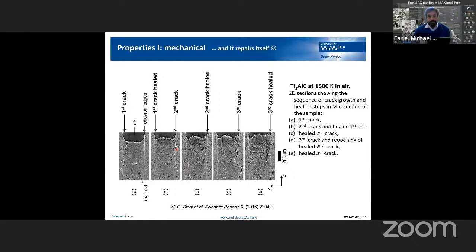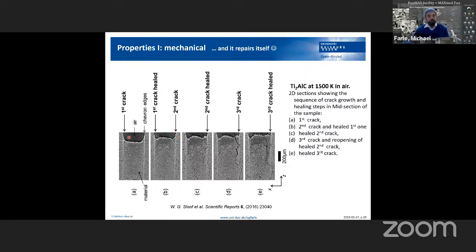And the best part for the engineers is that they repair themselves. This is work in Scientific Reports of some years ago, where my daughter was involved. It's a titanium aluminum carbide, so a MAX phase, which has this laminar structure.